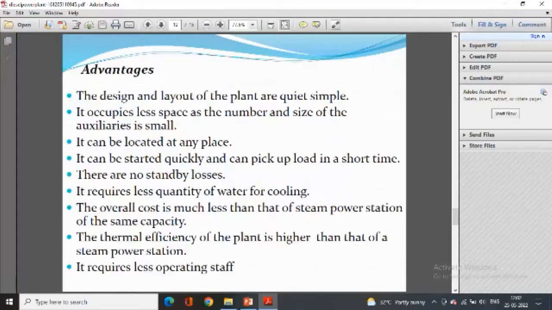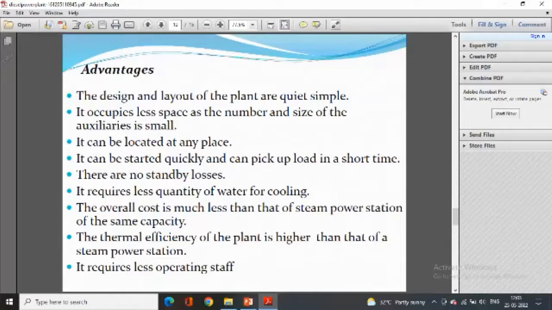The advantages of diesel power plant. First, the design and layout of the plant are quite simple. Second, it occupies less space as the number and size of the auxiliaries is small. It can be located at any place. Next, it can be started quickly and pick up load in a short time.